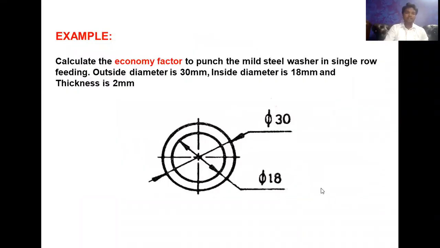Let us take an example to calculate the economy factor. Calculate the economy factor to punch the mild steel washer in single row feeding. Outside diameter is 30 mm, inside diameter is 18 mm, and thickness is 2 mm. In the diagram, they have asked us to calculate the economy factor in a single row.